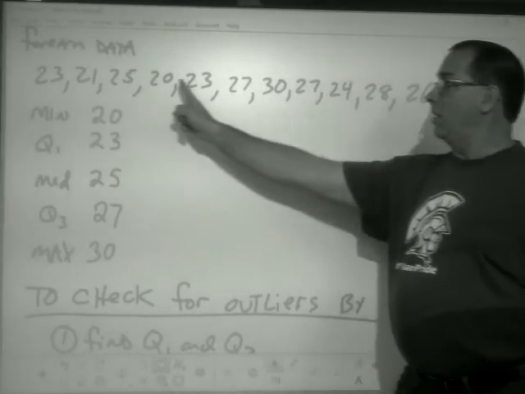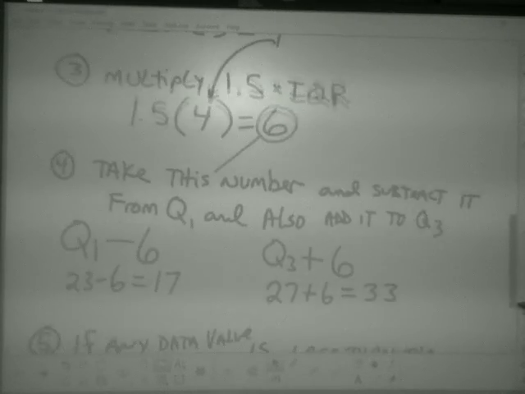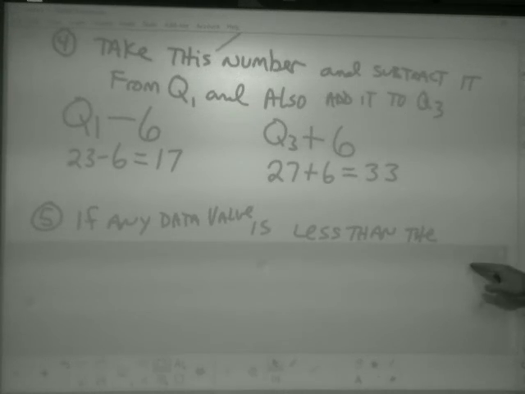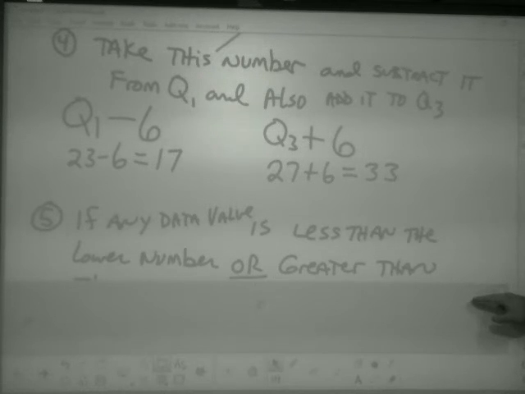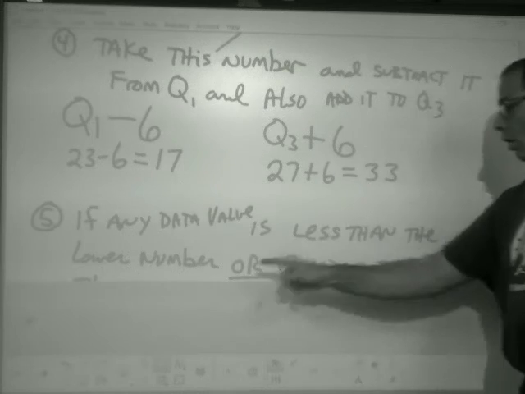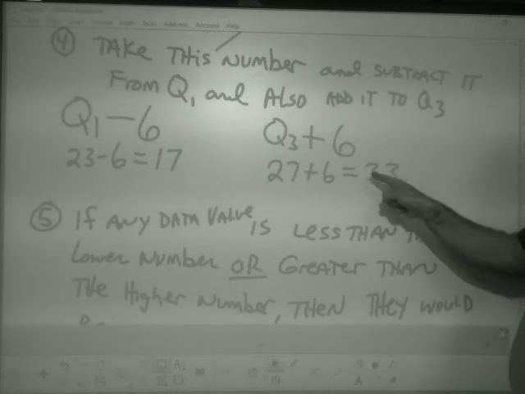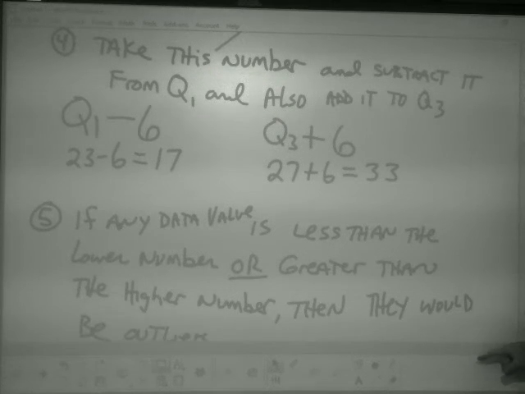If any of these values is less than the lower number or greater than the higher number, then they would be an outlier.